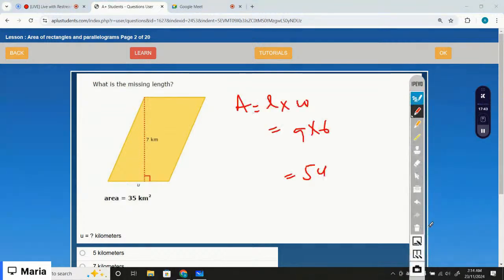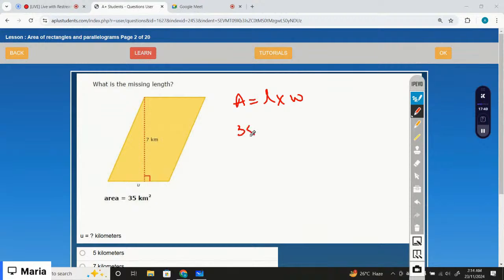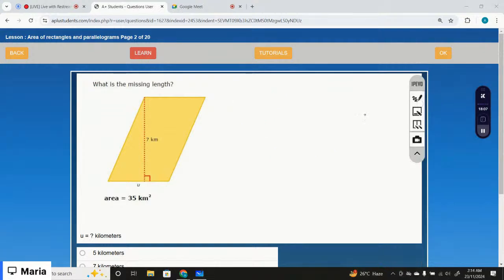Area is length times width. Area is 35. The length is 7. You need to calculate the width. So the width is, you have to divide both sides by 7. That is 5 kilometers. Option number 1 is the correct option.